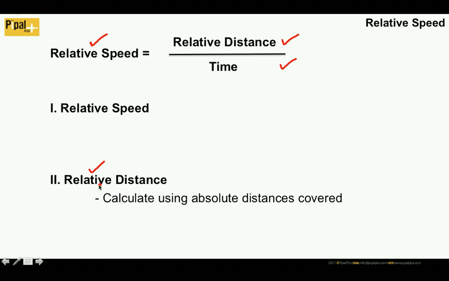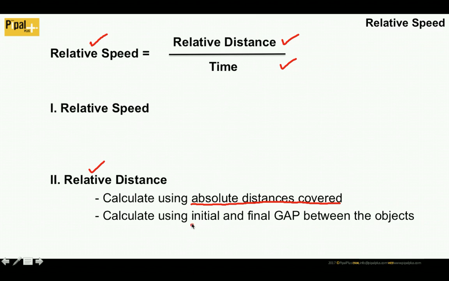The first method of calculating relative distance is by using the absolute distances that have been covered by both the moving objects. And the second method of calculating relative distance is by using initial and final gap between both the objects. We're going to cover this in greater detail in the following slides. Right, so let's start with the relative speed.